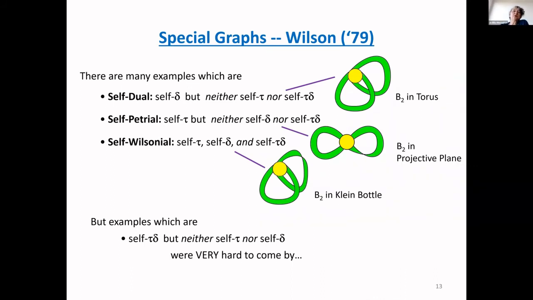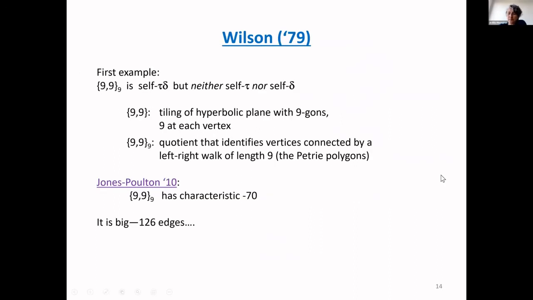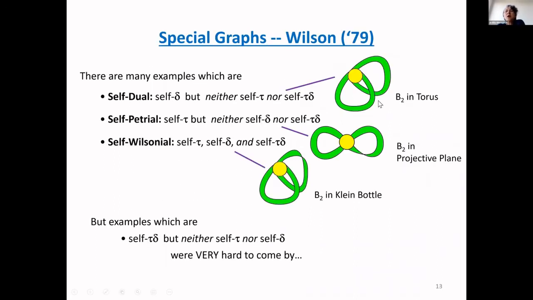And then there are kind of special kinds of graphs, not graphs that are all 3, but graphs that are self-dual, but neither self-petrial nor self-trial. So here's B2 in the torus.